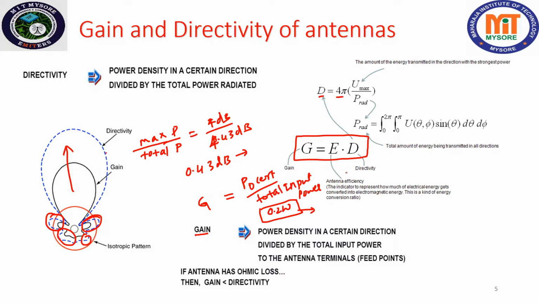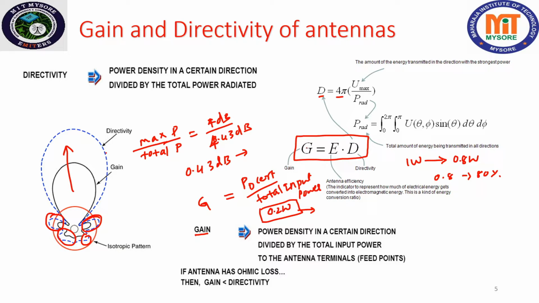This antenna efficiency indicates how much of electrical energy gets converted into electromagnetic energy. It is a kind of energy conversion ratio. As I have told, if you have fed 1 watt of power and only 0.8 watt gets radiated, its efficiency is 0.8 or 80%.